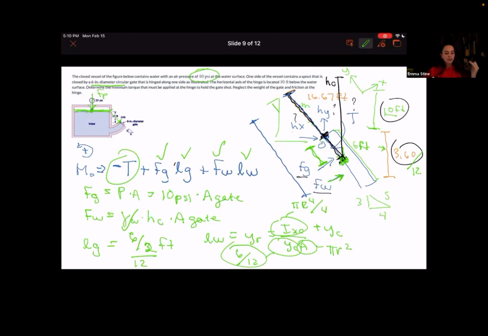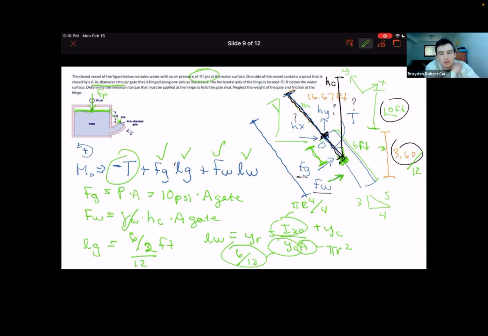To find the magnitude of the force of the water on the gate, you do need the centroid. So the force of the water will probably never act at the centroid. Maybe if it's at the very, I don't know, Lexi, sometimes. But you got to use that equation from page 20 of your notes, which is YR equals YC plus I over YC A, to find where the force from the water hits the gate.